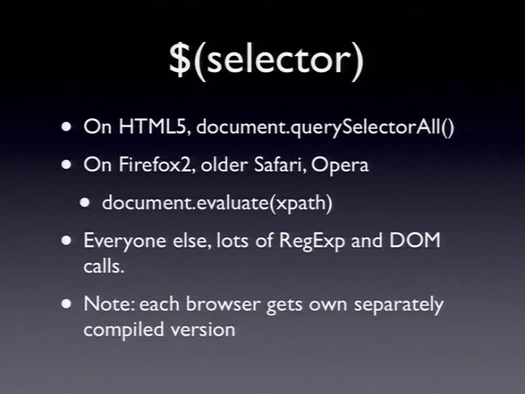But on Firefox 2 and older Safari browsers, they don't have querySelectorAll, but they do have XPath. They have this function called document.evaluate. So for those browsers, what happens is at compile time, it will parse the CSS2 selector and then translate it into an XPath string. And then it passes it to document.evaluate. So it produces one line of code to implement the selector: document.evaluate, quote, and then some XPath.